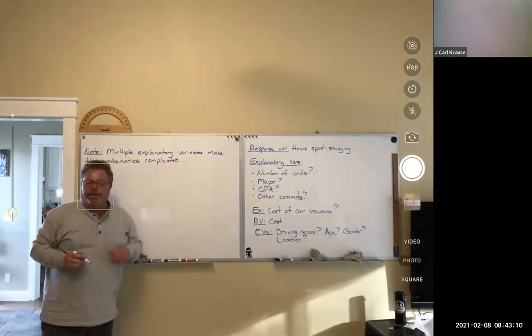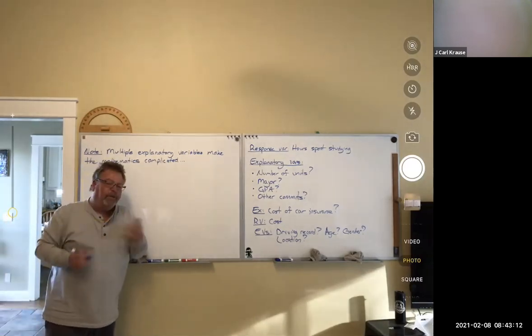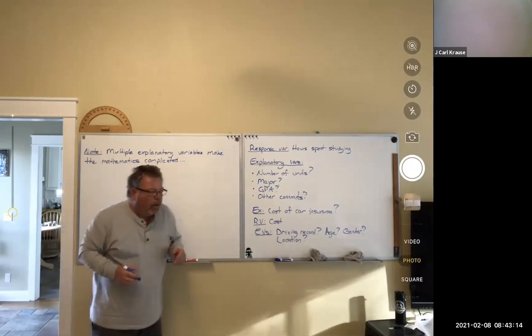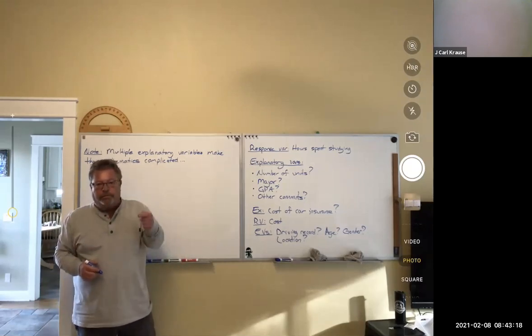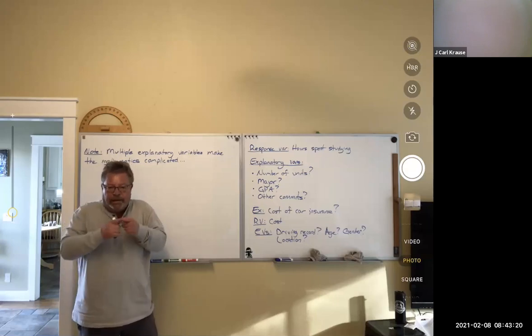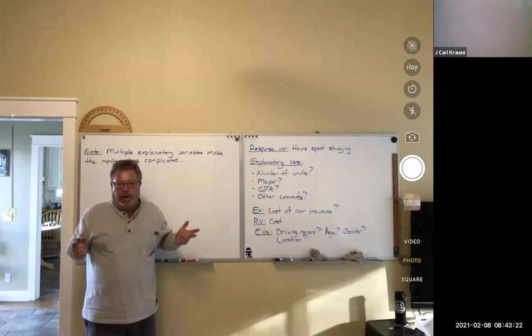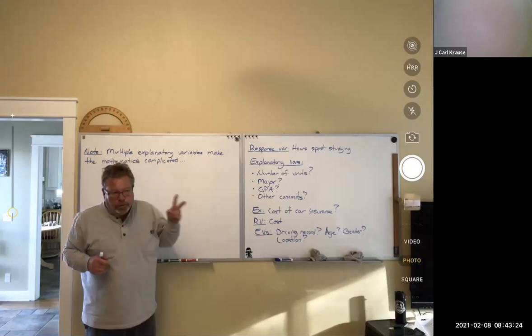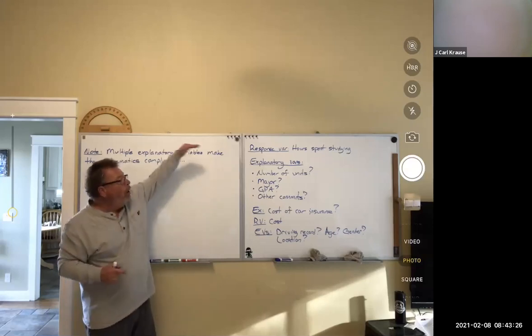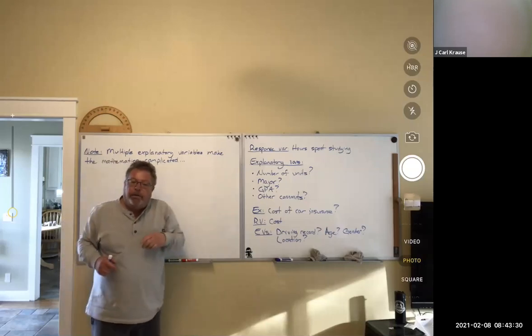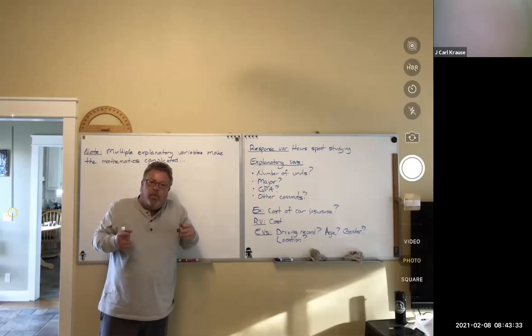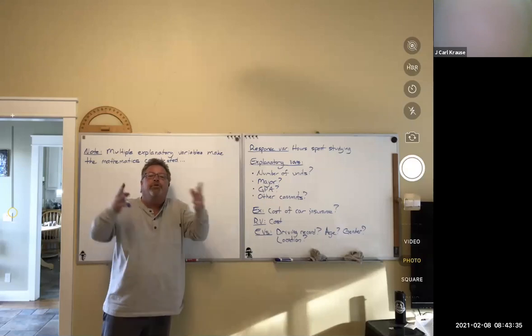I won't go into the mathematical theory, but if you have one variable, mathematically that's what we call a one-dimensional problem. If you have two variables, like one response variable and one explanatory variable, we have a two-dimensional problem.